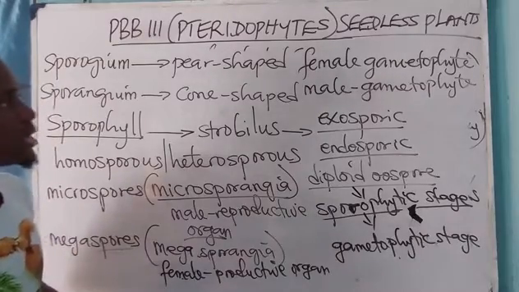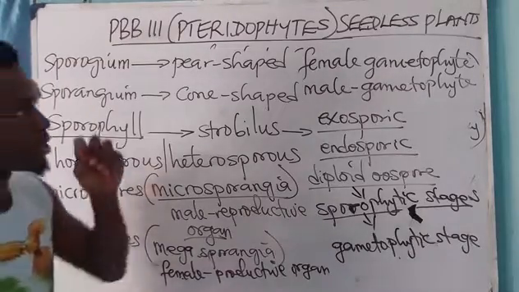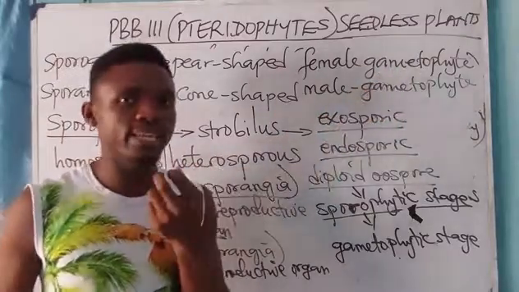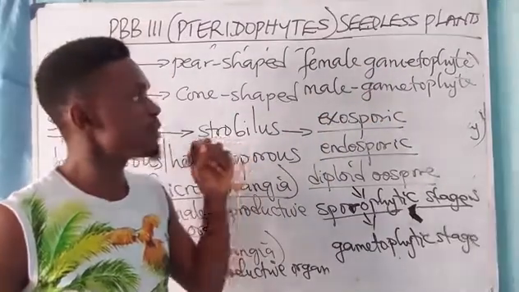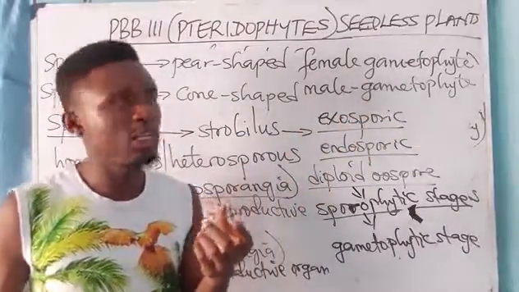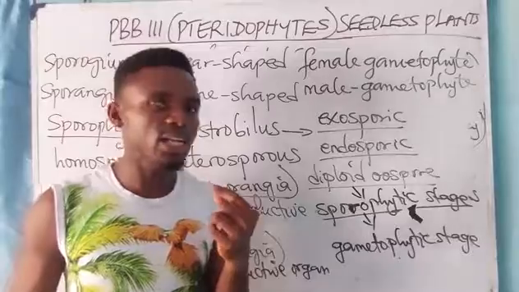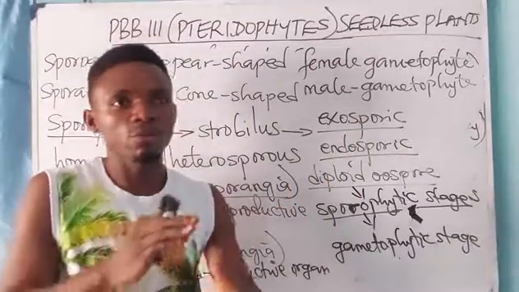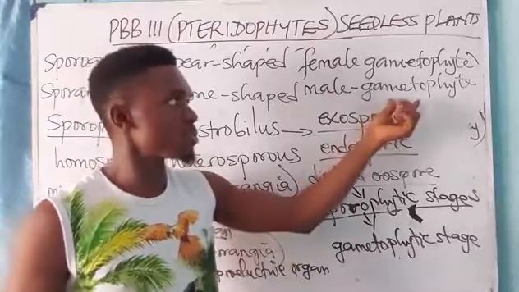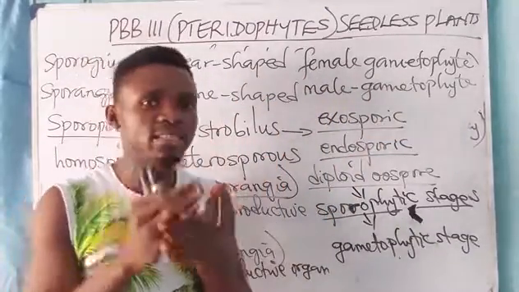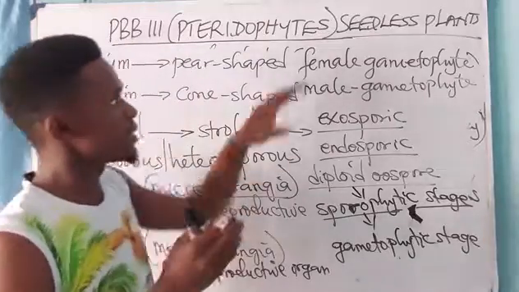Let me quickly explain something here. The female gametophyte produces the egg, while the male gametophyte produces sperm or antherozoid. I told us in our initial class that the antherozoid is flagellated. It has flagella for movement. It swims. In bryophytes, water is needed for fertilization, even in pteridophytes.